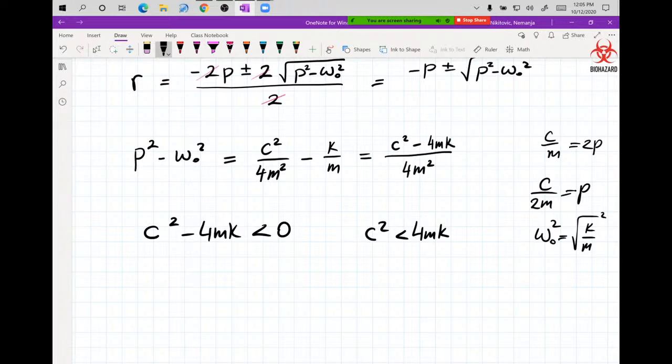So if c squared is smaller than 4mk, you are going to get your oscillation. So now, see, designing a dashpot can give you different solutions. One solution is going to make it so there's no oscillation at all. The dashpot just instantly stops the motion as soon as you set it into motion, because c squared would be bigger.